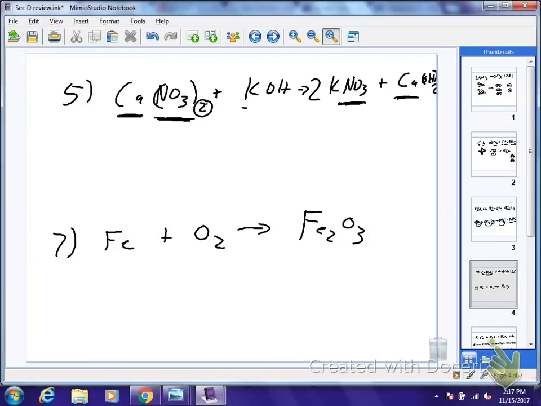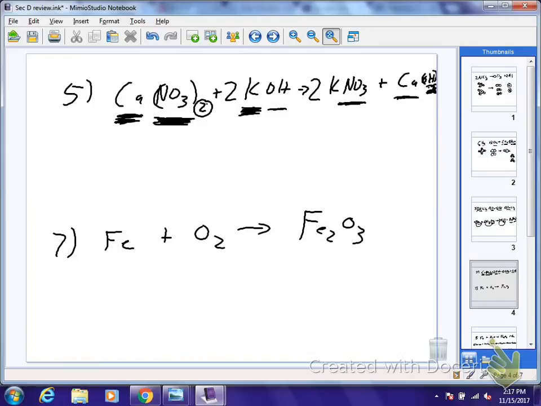Then we look at potassium, and there's 1 there, and over here there's 2. So we put a 2 in front of potassium. Our calcium's equal, our nitrate's equal, our potassium's equal. Now, the OHs, hydroxides, there's 2 on this side, and 2 on the other side. So they balance. So it would be 1, 2, 2, 1.